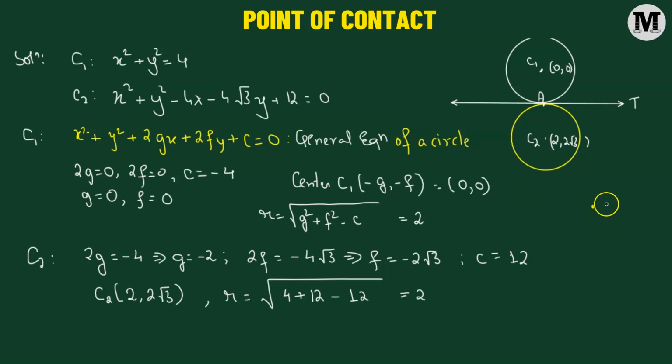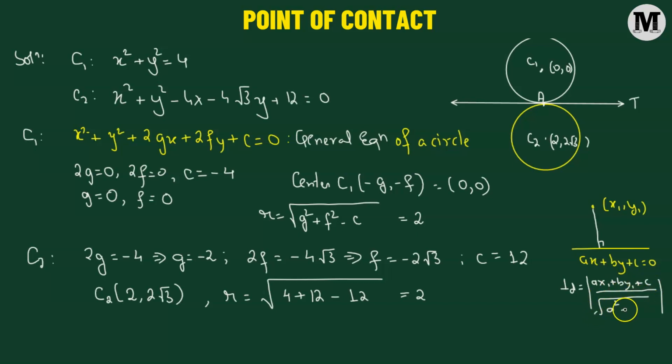Suppose we have a point with coordinates x1 comma y1, and then we have a straight line whose equation is given by ax plus by plus c equals 0. Now let's say we want to find the perpendicular distance of this point from the straight line. This perpendicular distance is given by the formula: we take the absolute value, in the numerator ax1 plus by1 plus c, divided by the square root of a squared plus b squared.